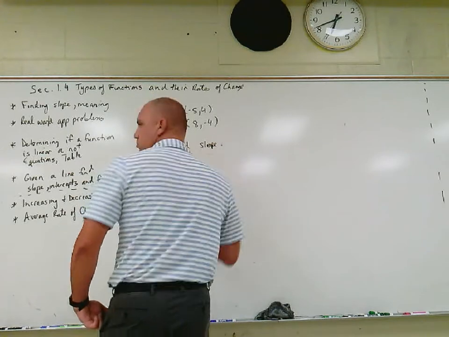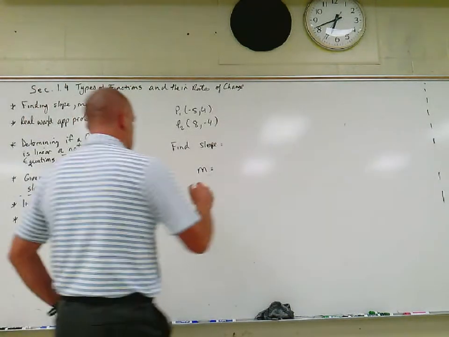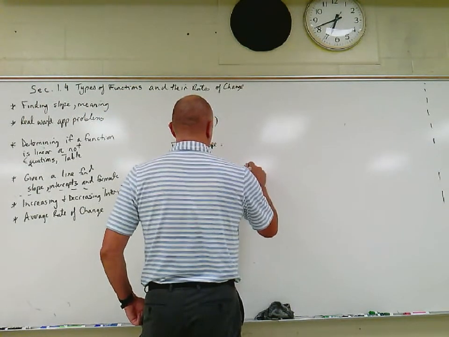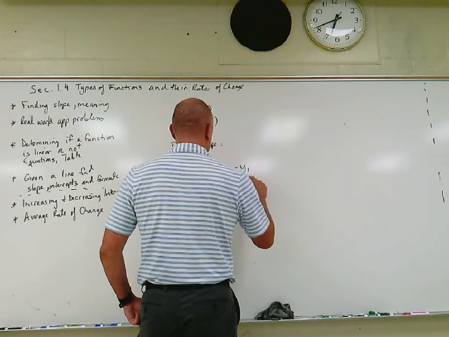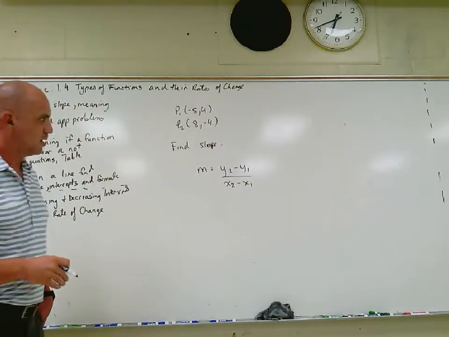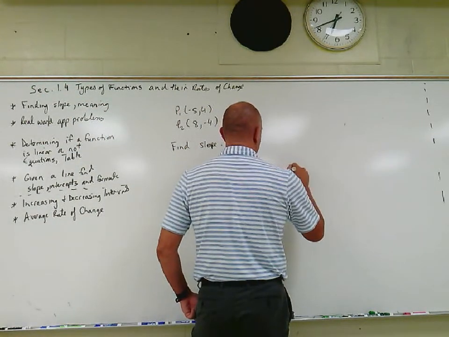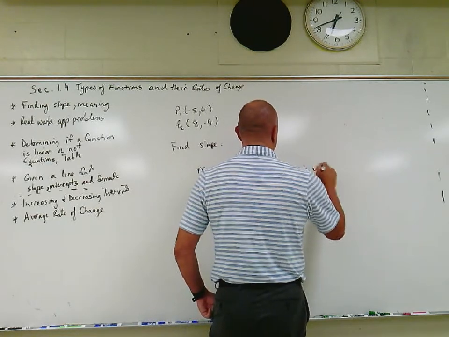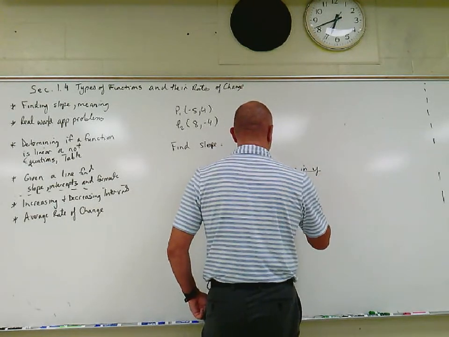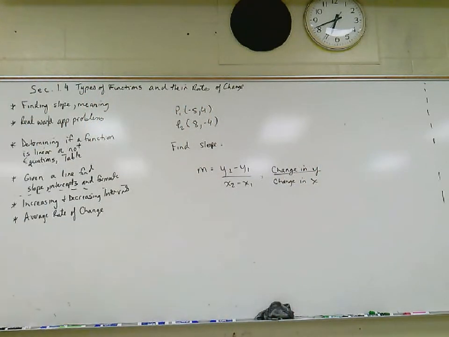It's m equals, right? So what formula helps you calculate that rise and the run? Y2 minus Y1 over X2 minus X1. That's right. We technically call that change in Y over change in X. All right, so it's just a plug and crank.